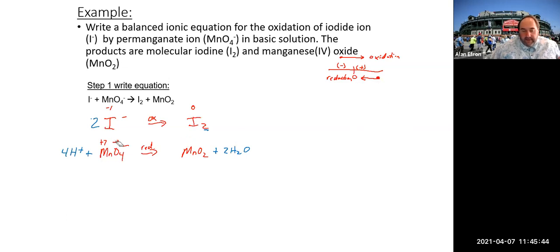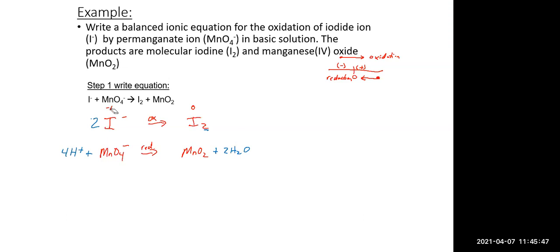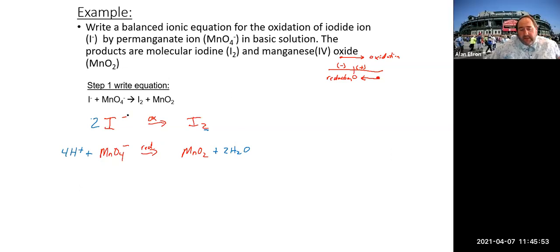All right. So now that, yeah, go ahead. Sorry, could you explain again why you added the 2 waters? Yeah, so the first thing we want to do is balance all the other elements other than oxygen and hydrogen, and that's why we put the 2 in front of the I. After you do that, you want to balance the oxygen and make sure that each side of the half reaction has the same number of oxygens.